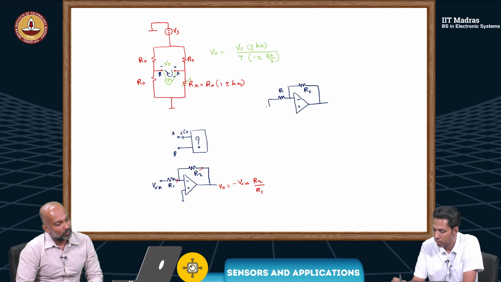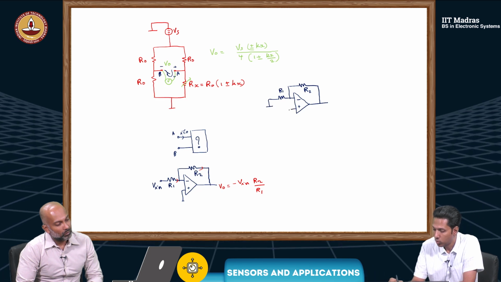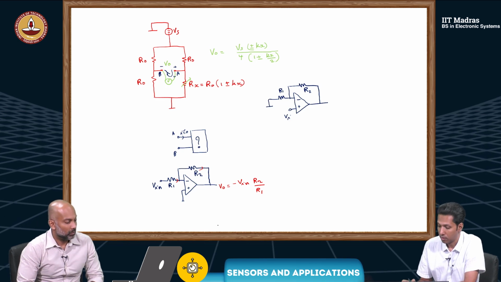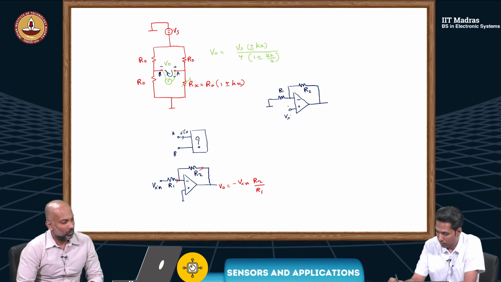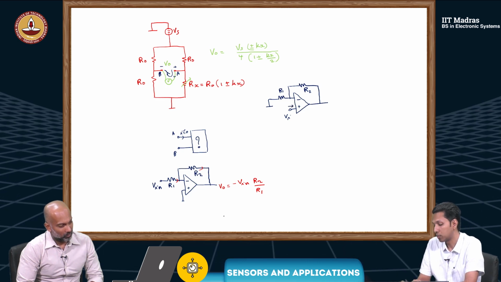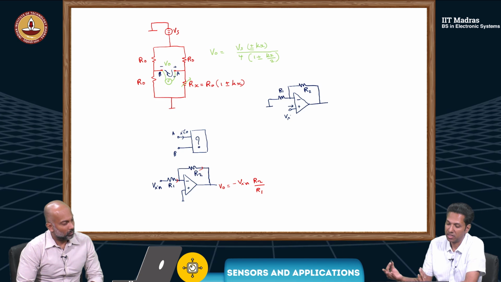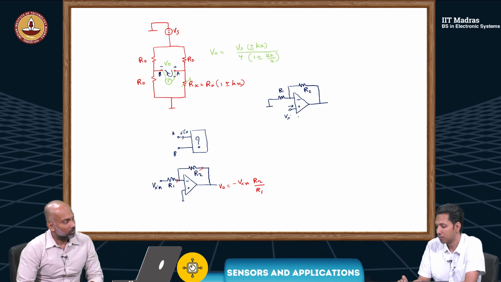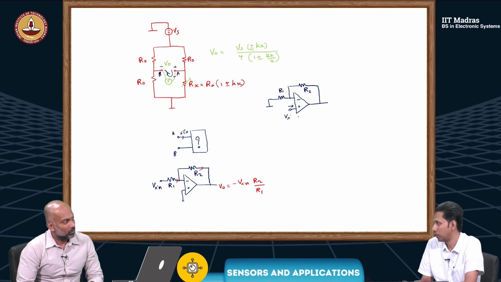Only thing is, we are giving the input Vi to this terminal, the non-inverting terminal of an op-amp, which theoretically draws no current. So the current drawn from the source will be negligible.